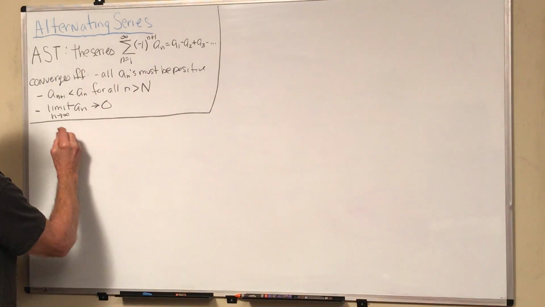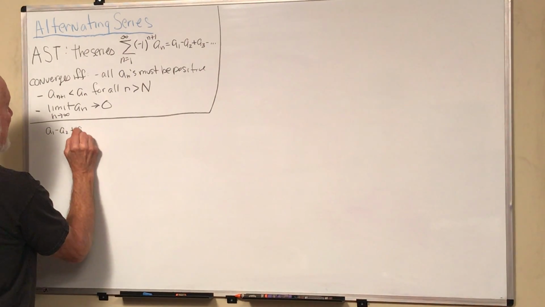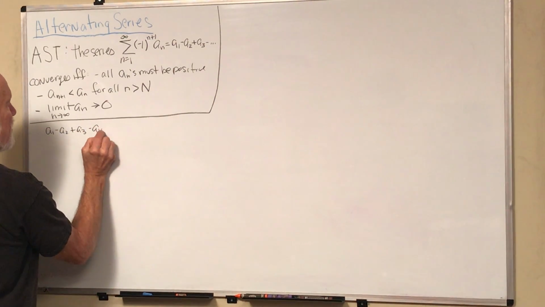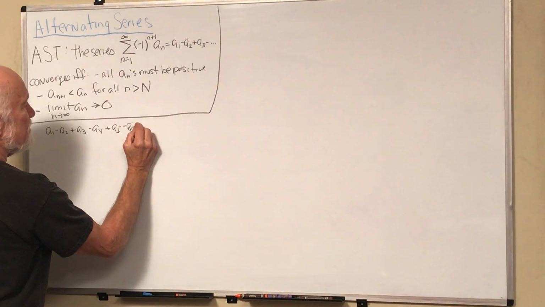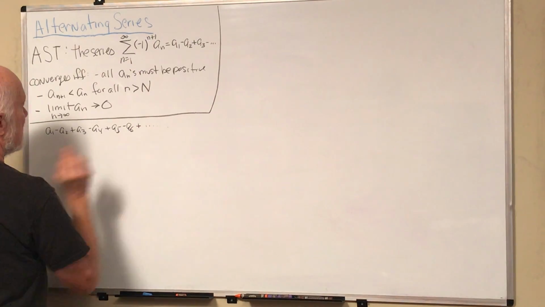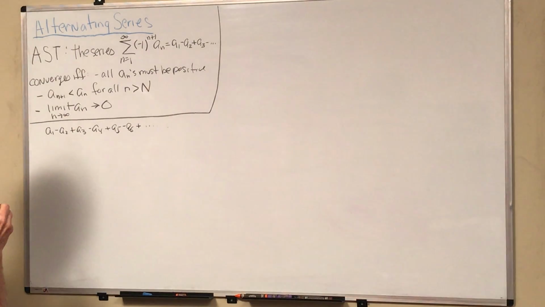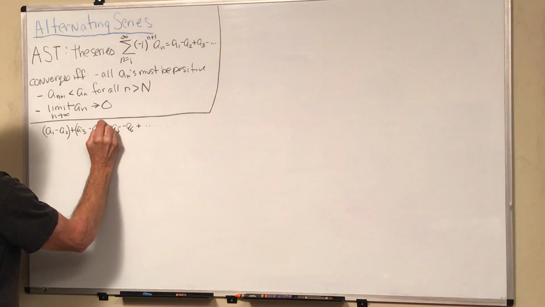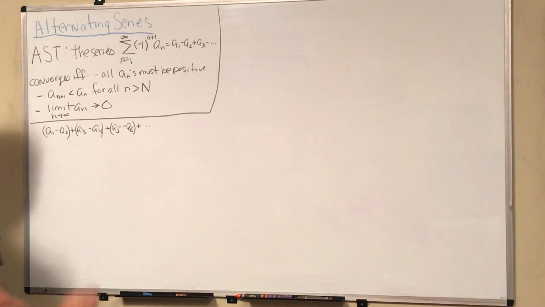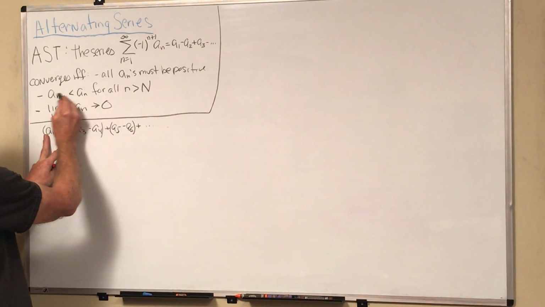So if we look at one of these series, a1 minus a2 plus a3 minus a4 plus a5 minus a6, and you keep going, you can see there's different ways that you could combine things. You could combine them like this in pairs, and what you would see is every pair in here is positive because of this statement right here.